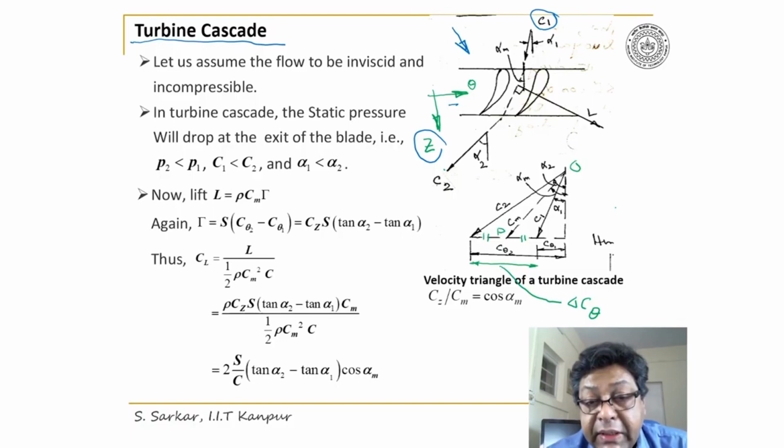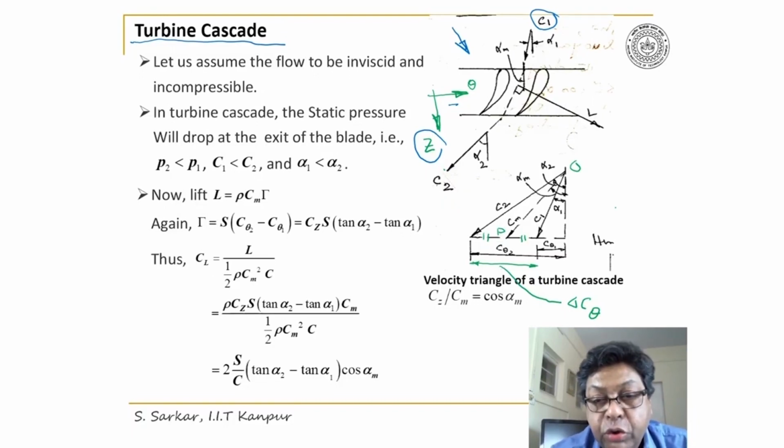And since it's a turbine cascade, C2 will be greater than C1 as the flow is accelerated, and thereby alpha 2 will be higher than alpha 1.